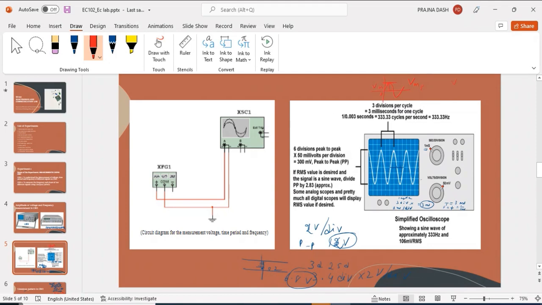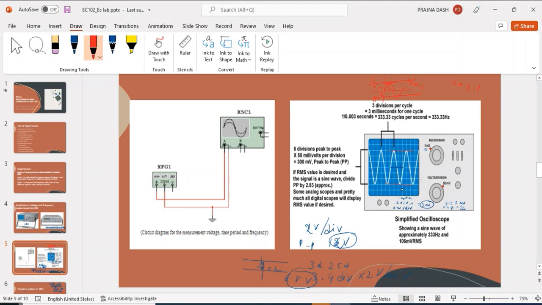And if you are taking Vm peak to peak, it means from this peak to this peak you are having the voltage that you need to calculate. So if you are calculating peak to peak voltage, you have to consider from this point to this point how much division it is covering. So here it is 1, 2, 3, 4, 5, 6. 6 divisions it is covering from peak to peak.